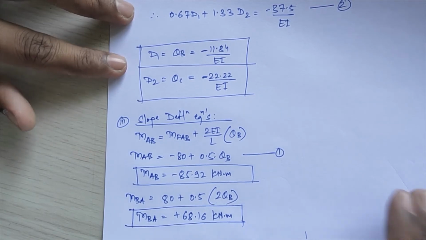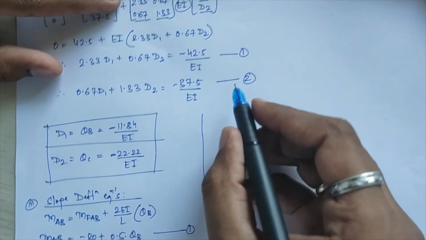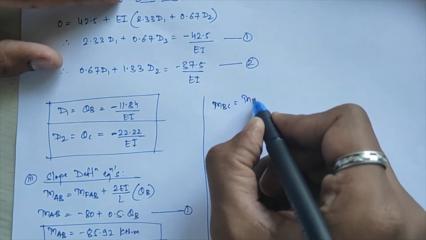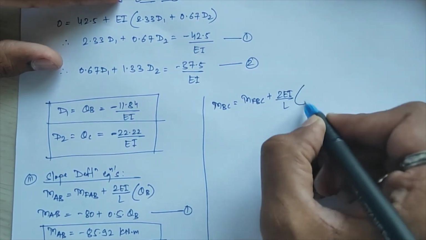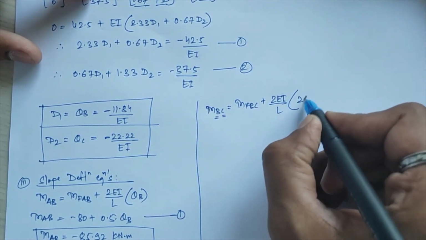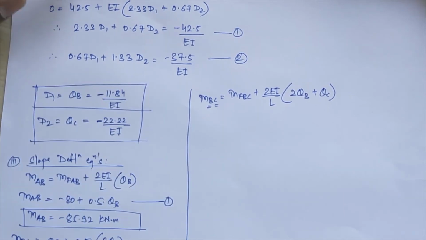Okay. Next, I'll see my next value, that is MBC. MBC, that is again MFBC plus 2EI upon L into bracket near end rotation. Near end is B, far end is C. So this will become 2 times theta B plus theta C. Delta values for all will be 0 because there is no sinking support condition provided, right?